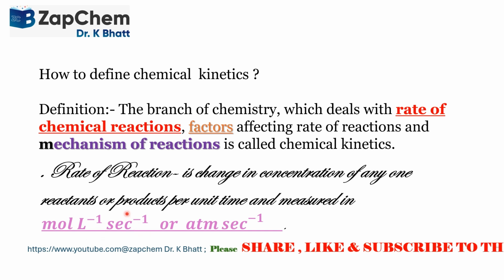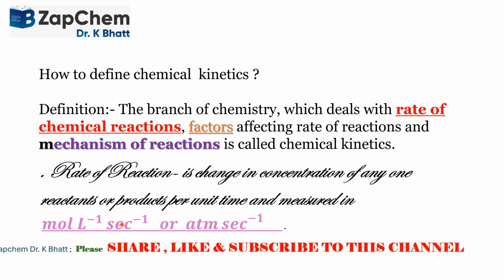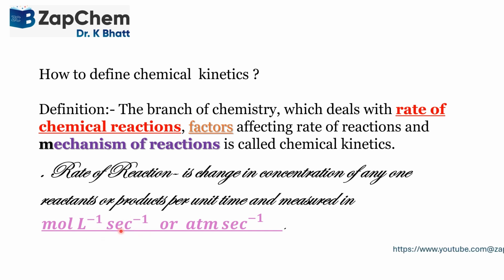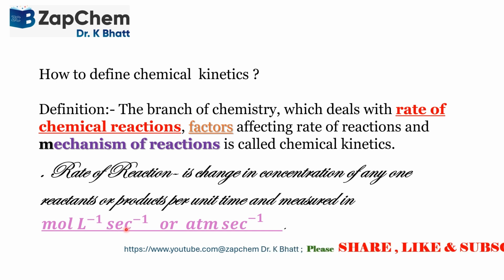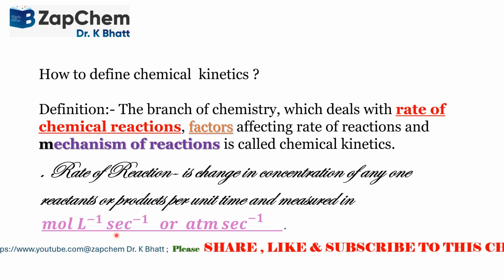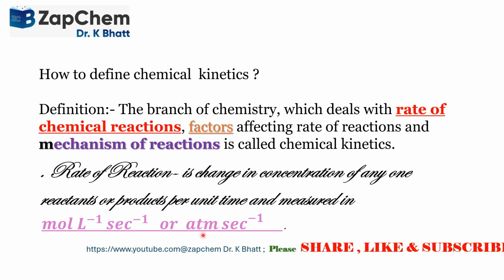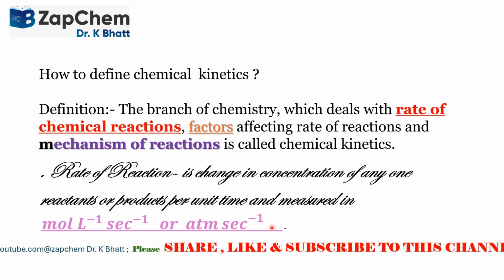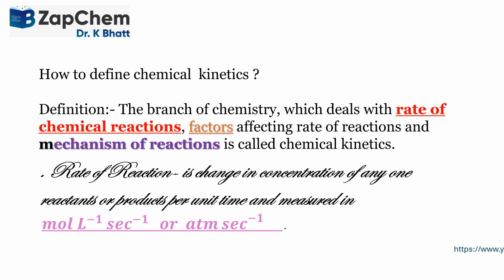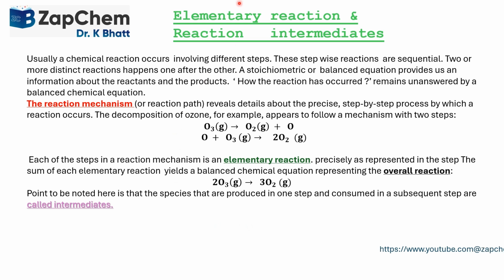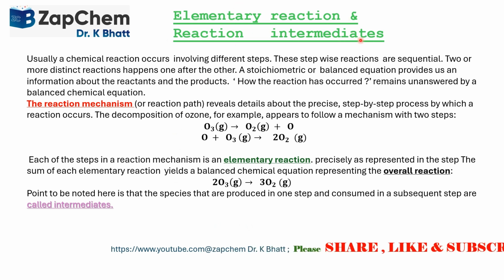But in most cases, the general unit of time is the second, so the unit is moles per liter per second. And if there is a gaseous reaction, the unit has to be a pressure unit, normally atmosphere per second. Now let us have an idea about elementary reactions and reaction intermediates.